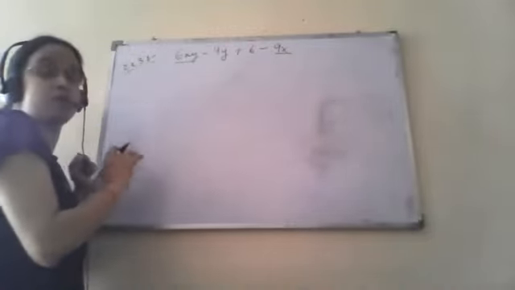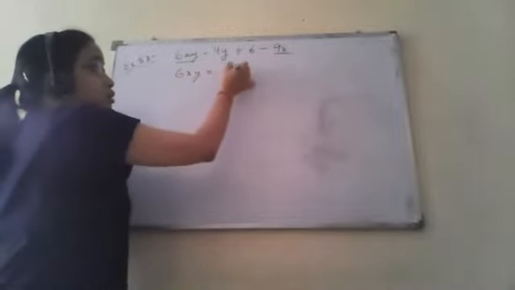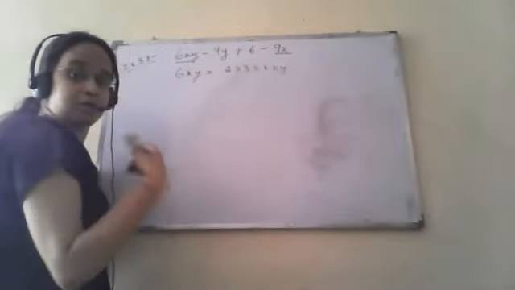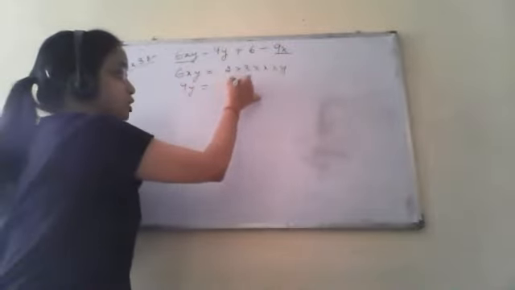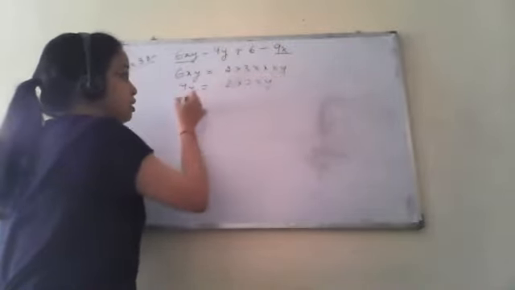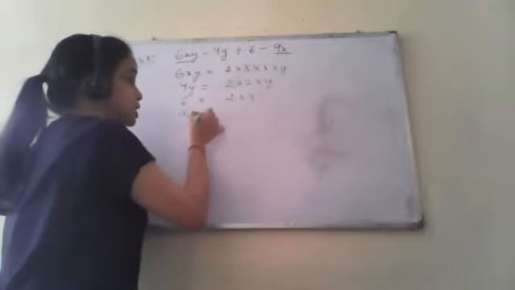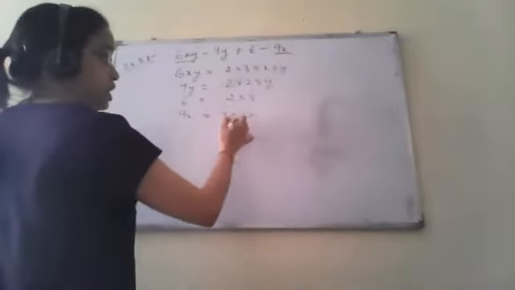First we have to factorize these terms. Now 6xy can be written as 2 into 3 into x into y. Clear? This is 4y, which is 2 into 2 into y. This 6 can be written as 2 into 3, and 9x can be written as 3 into 3 into x.